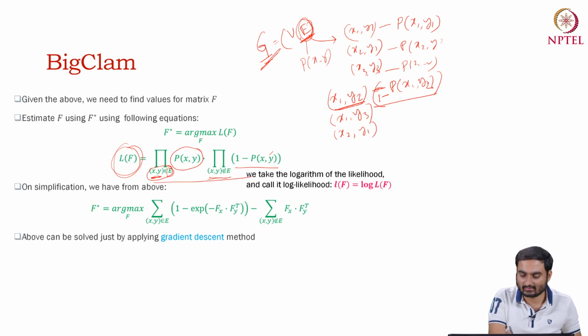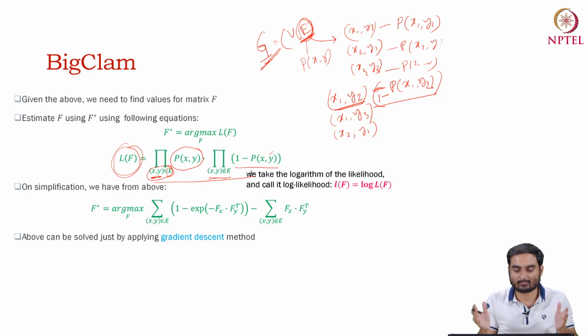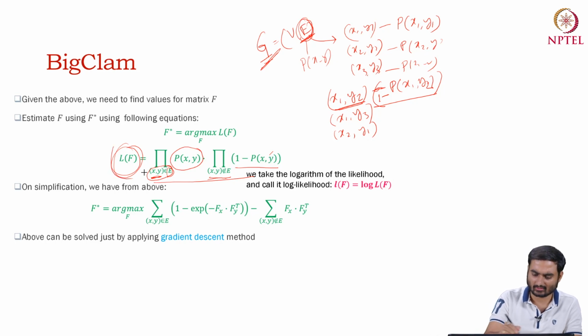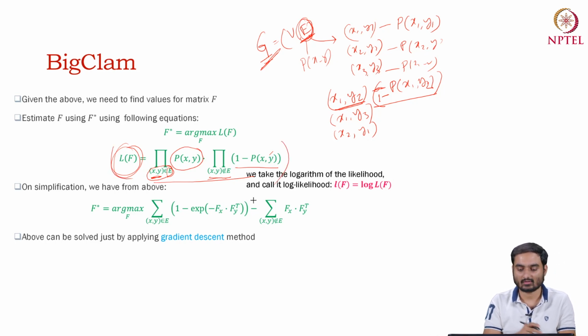Since this is in the form of a product, when you optimize, we generally do not consider products. What we do is convert it to a sum, because summation has certain advantages over multiplication in floating point operations, such as avoiding overflow and so on. So this is our likelihood.